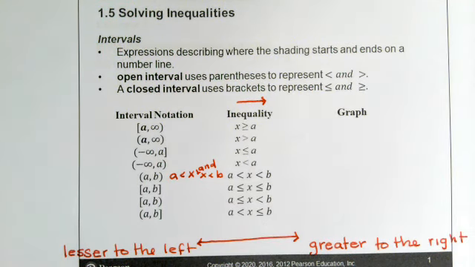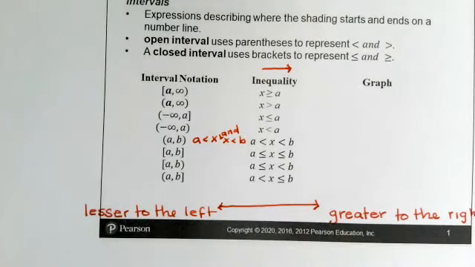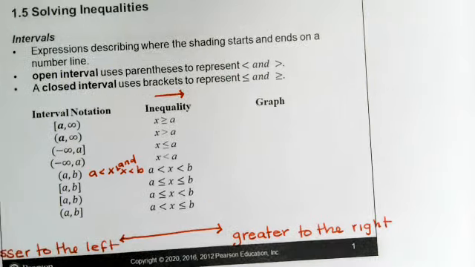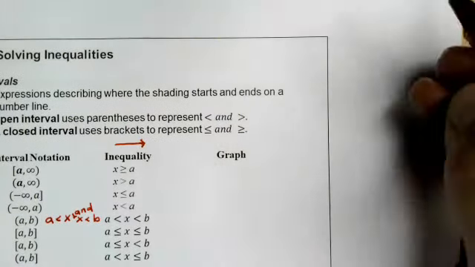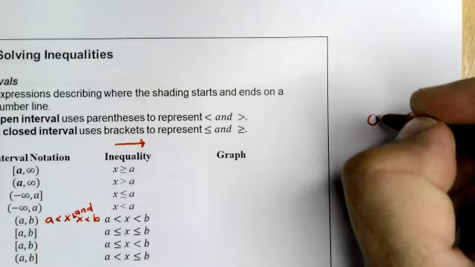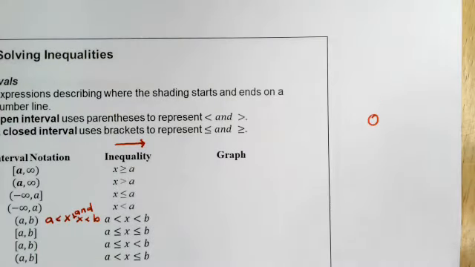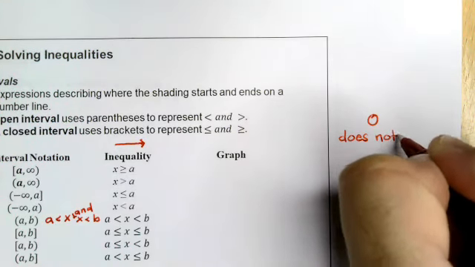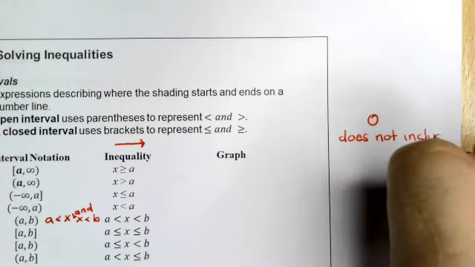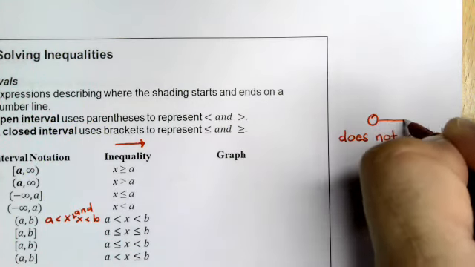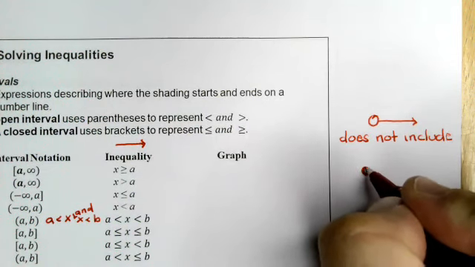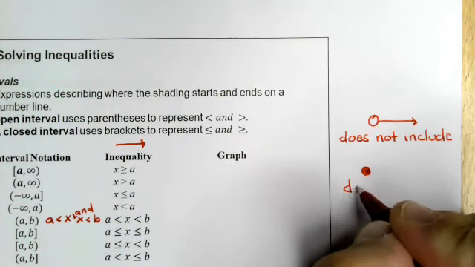When you were graphing, you possibly used something like an open circle to say this does not include the number, or you could use a closed circle to say does include.